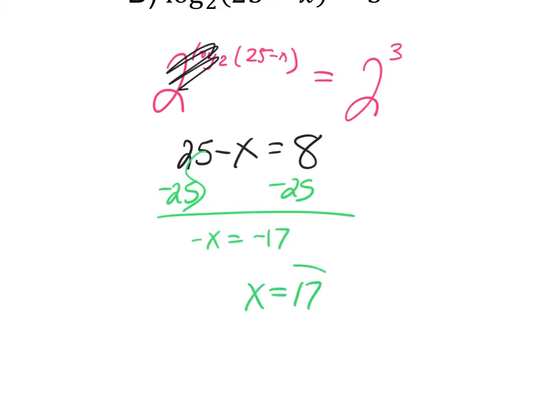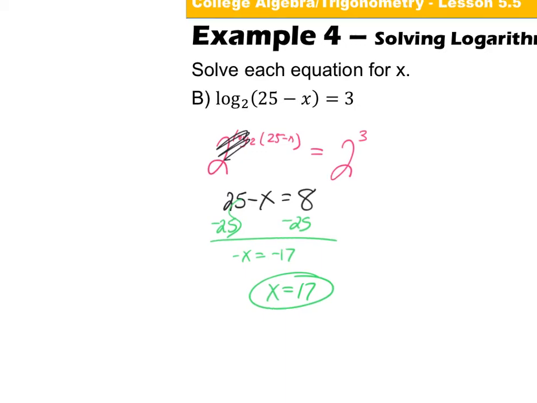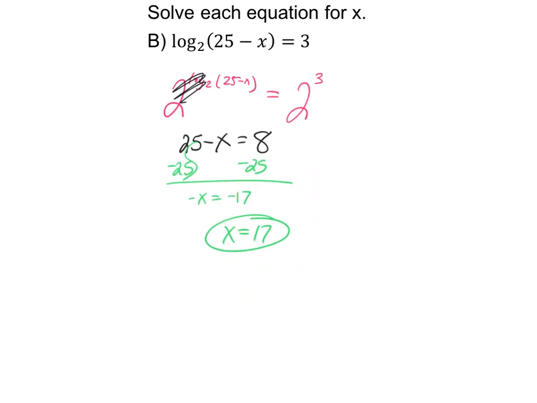So what's my answer? x equals 17. Could you also solve it by switching from exponential to log? If you see that better, that's fine. Now, guys, if I check this, watch. If I put 17 in, what's 25 minus 17? 8.